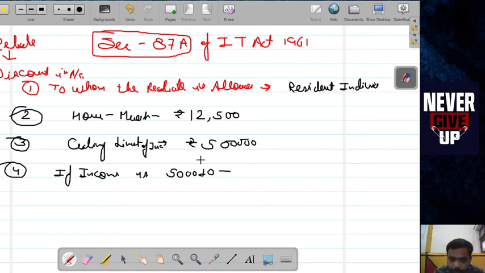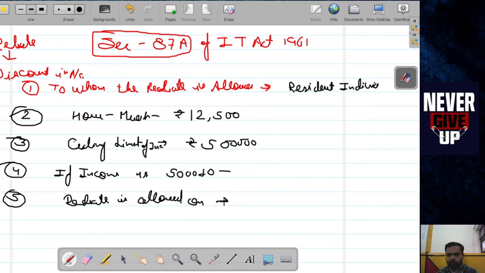Okay guys, number 5. Rebate is allowed on net total income. Let's draw the meaning of all these conditions and write it in definition form.